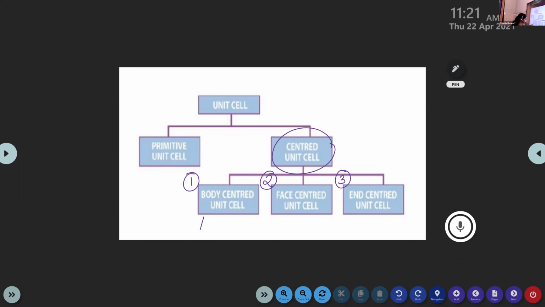If it is not clear, you can write it down: body centered, face centered, and end centered.